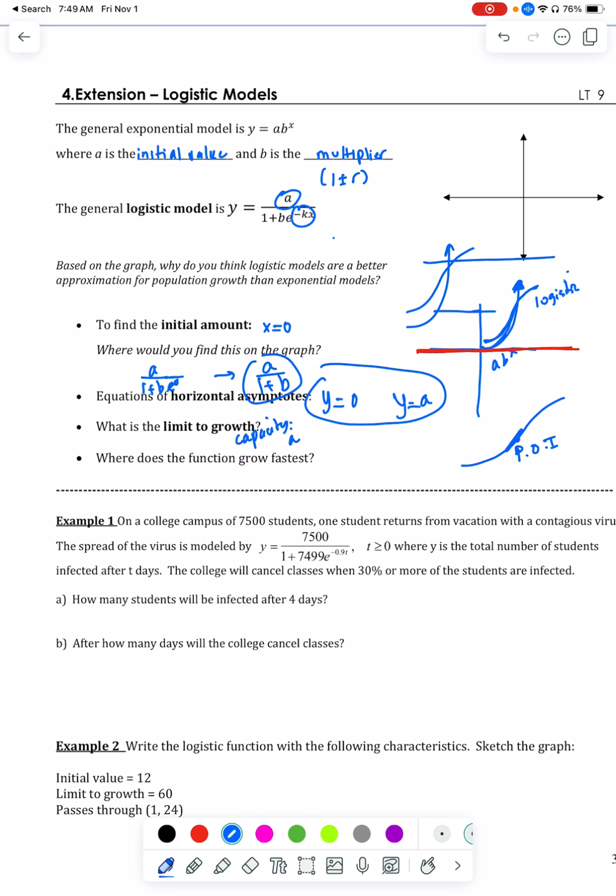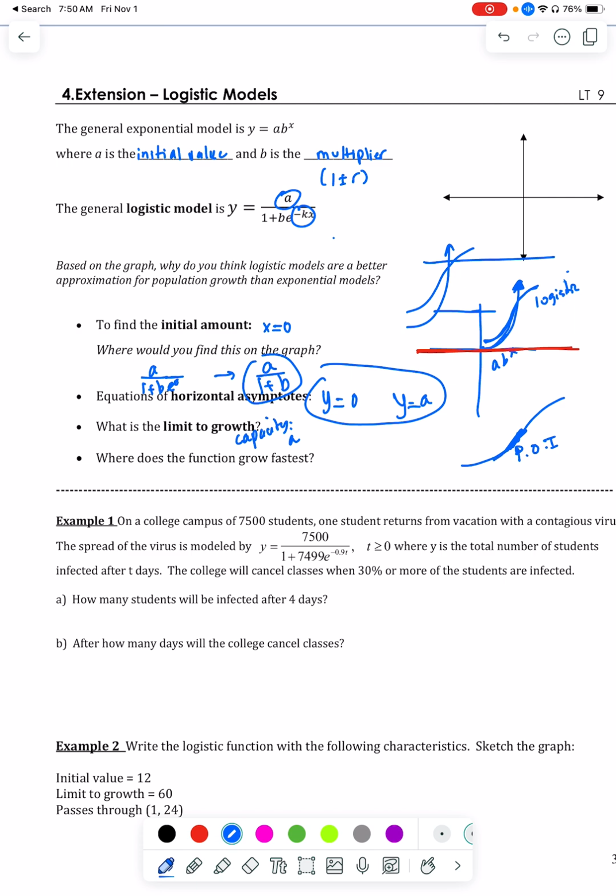So those are basically pointers about this logistic model. Let's see what else on this page. Let's try an example. Think of this point here as the point where the curve transitions from accelerating growth to decelerating growth.